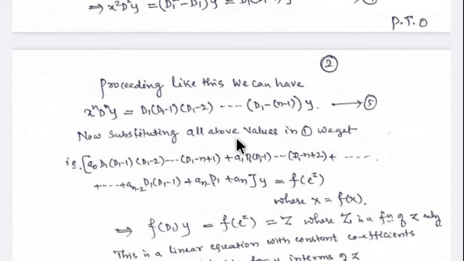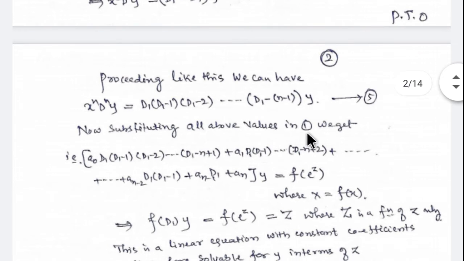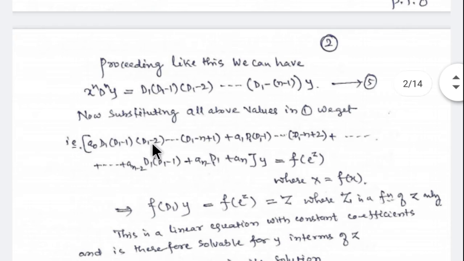Now substituting all the above values in equation 1, in the place of x raised to n into Dn y we write a0 as it is, and only x and Dn are replaced by the operator. So a0 into D1 into D1 minus 1, D1 minus 2, and so on, up to D1 minus n plus 1.